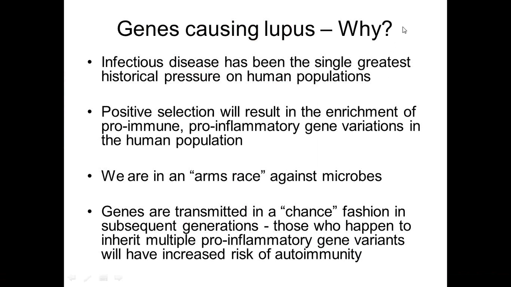Okay, so one of the ways that we've thought of to try to figure out what causes lupus is by trying to work on the genetics of lupus. We've known for a long time that lupus tends to run in families, and so that would suggest genetic causes.